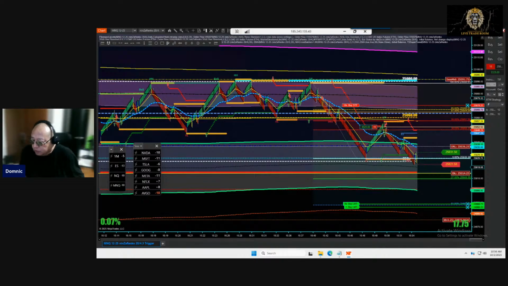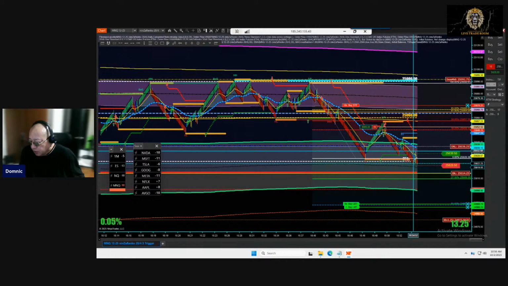This is the IB low right here. So hopefully it doesn't bounce off there. Hopefully it continues coming down. And there's a good probability that it will because of the 21 EMA again below the 55.